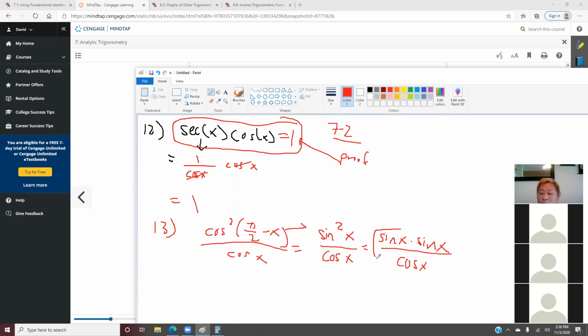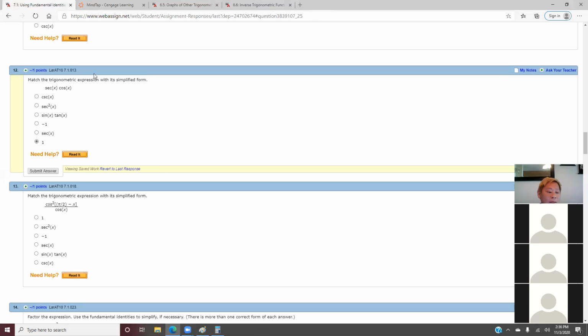So what happens when you take one of these? Sine x over cosine x, what is that? That would be tan x, correct? We still have sine x left, so tan x sine x. Your answer in this case would be tangent x sine x.